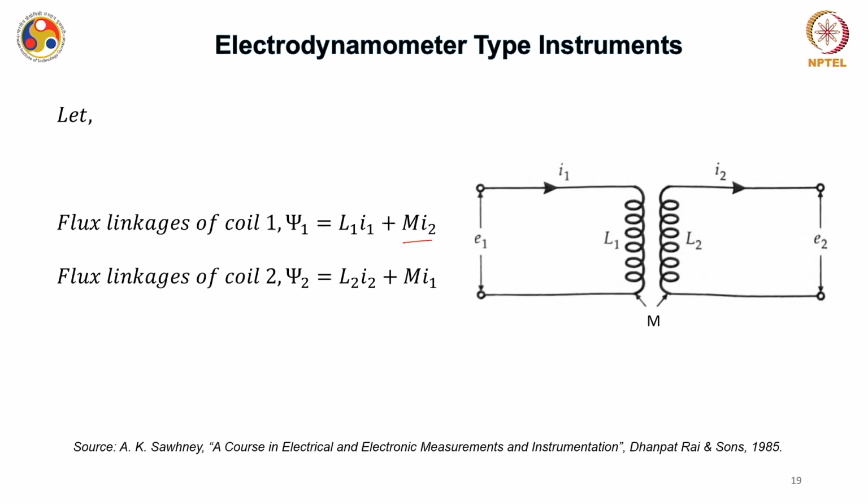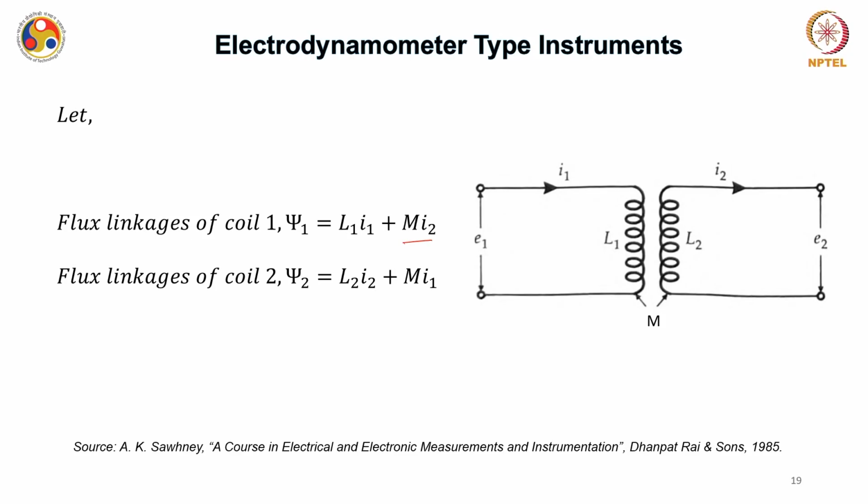Similarly, if I have to talk about the flux linkage of coil 2, psi 2 will be equal to the self inductance of the coil, which is of course coil 2 in this case. So psi 2 will be L2 into the current flowing in the moving coil, L2 into I2, plus mutual inductance into current flowing in the other coil, which is the fixed coil. So psi 2 will be equal to L2 I2 plus M into I1.